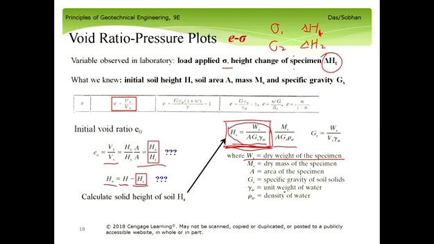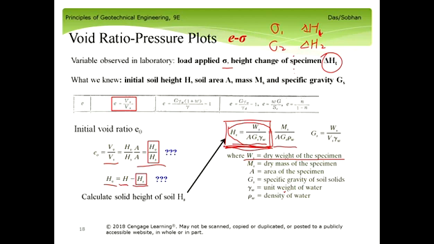If you use this minus h_s, that is actually different. Yes, you can find the height change, but height change is not very helpful for your formulation. You want to know the void ratio under each loading step. That is actually the height of voids under each loading step divided by h_s. What is the height of voids?